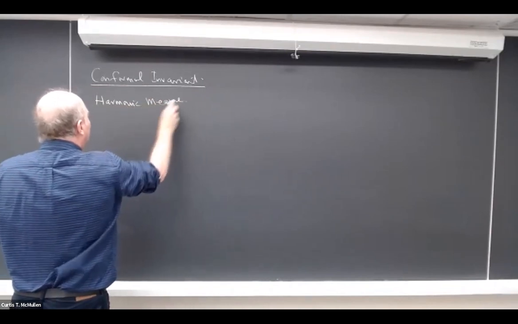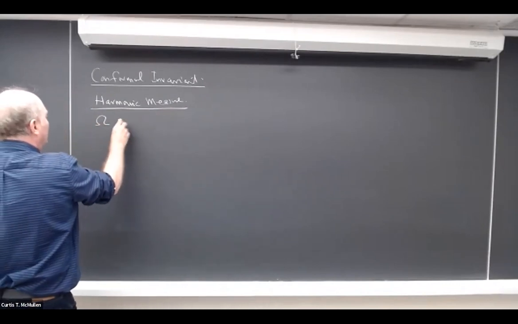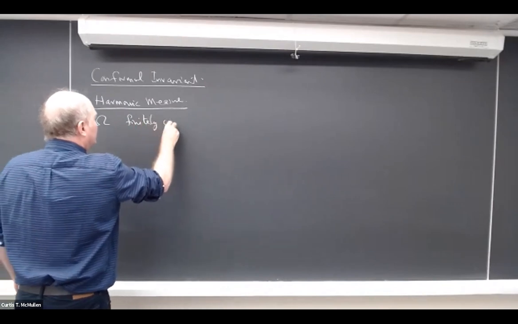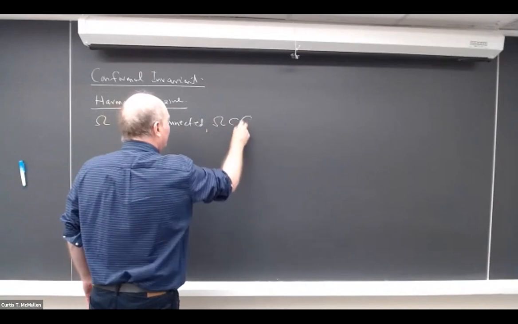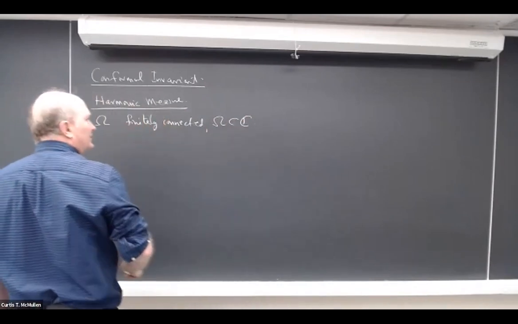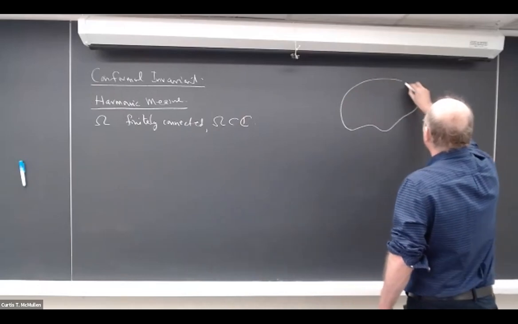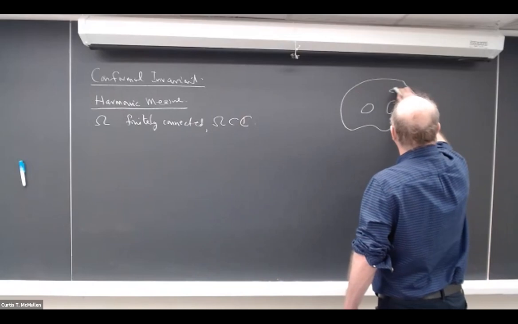So the setting is, at least initially, we have a domain omega, which is, say, finitely connected and contained in the plane. And the picture you should have in mind is you might just picture a Jordan domain, but maybe allow it to have a couple of holes.